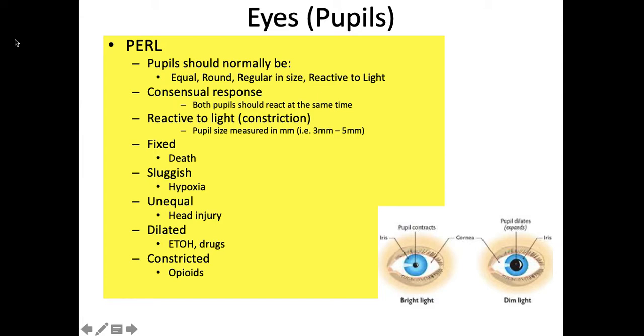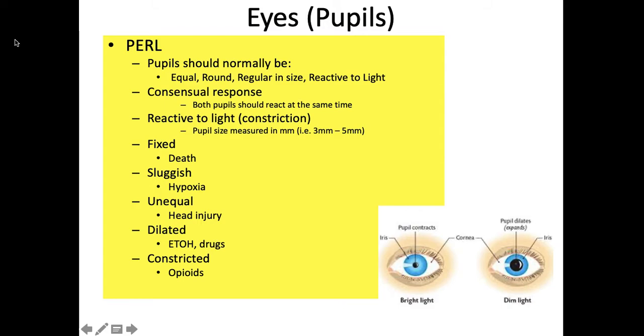So what we do with this is, and you probably looked at your pen light already, but you'll notice on the side of your pen light, you have these little measurements in millimeters, little round blue circles. So first thing you're going to do is hold that pen light up next to the person's eyes, and you're going to get a base measurement of the size of their normal pupil.